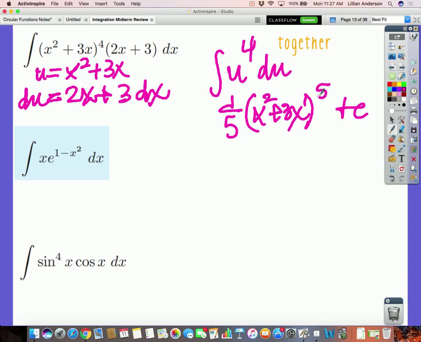The next one. Okay? You have x times e to the 1 minus x squared. What would you make u? 1 minus x squared. What's the derivative of this?